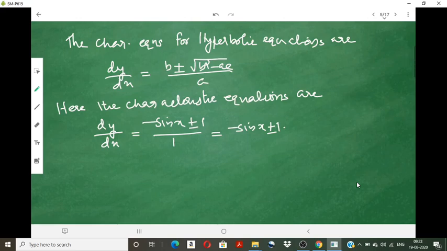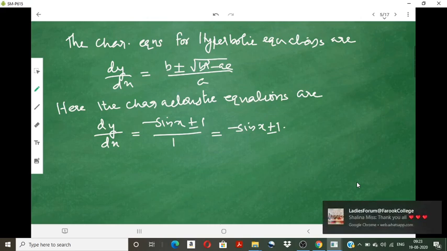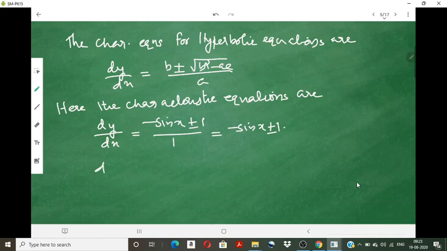And solving this, we will get two functions which we choose as s and t. So this is a separable equation. Both are separable ODEs. So we can separate the variables as minus sin x plus or minus 1 into dx.